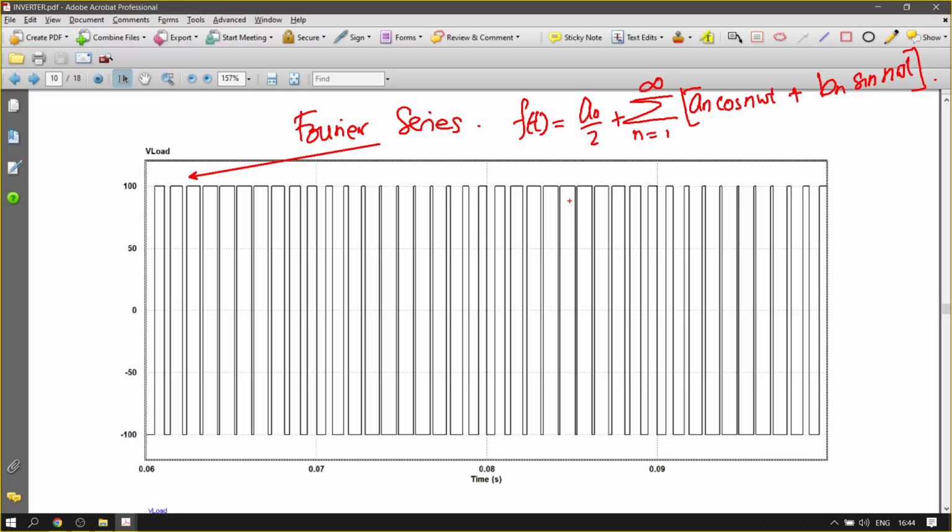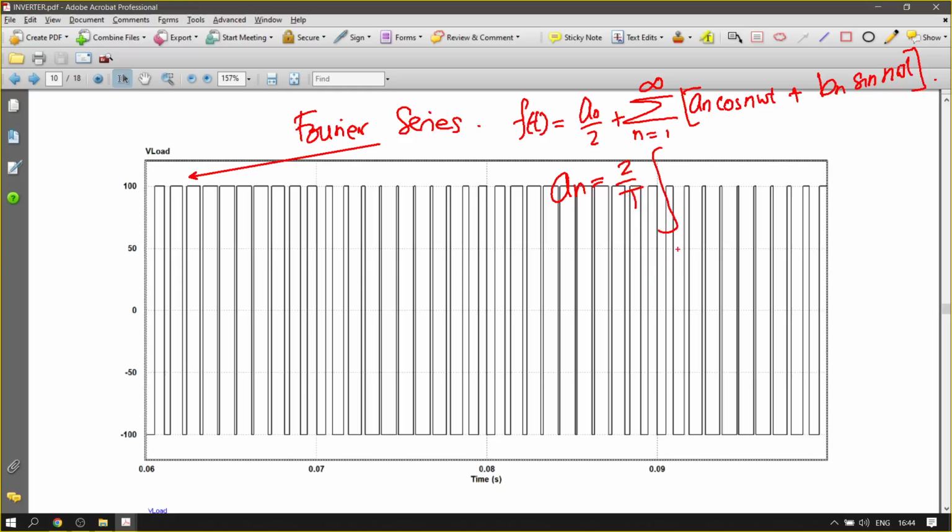Okay, and then kita boleh cari lagi AN equals to 2 over T. Ini kena sentiasa ni Fourier series ni saya selalu tegaskan. Kalau dalam kelas face to face tu memang tiap-tiap kali ni saya akan remind what is the Fourier series ni, sebab kita akan gunakan Fourier series selalu dalam power electronics.